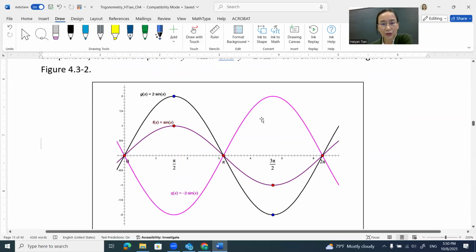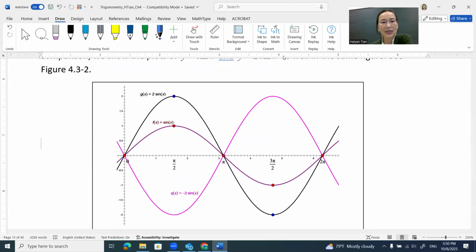Okay, which one? So easily we can see that this is the basic function, and this is 2 times sine x, and this is -2 times sine x.